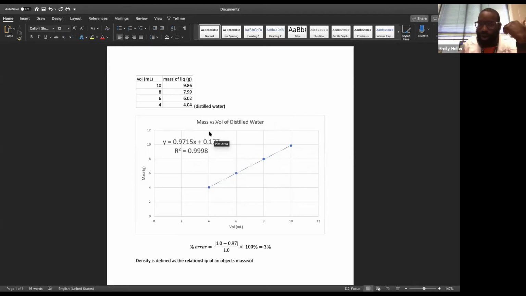Anytime you have a graph that has something versus something, a linear graph is going to give you the slope. So we talk about rise over run. It's always going to be your y versus your x, or whatever entity you're dealing with. So we're talking about the relationship as y increases, how does that affect the x of the distilled water?